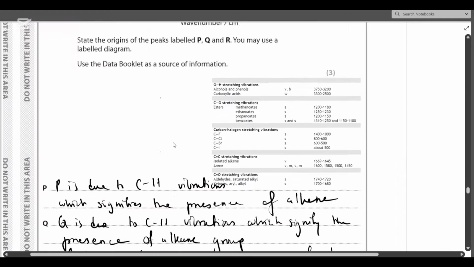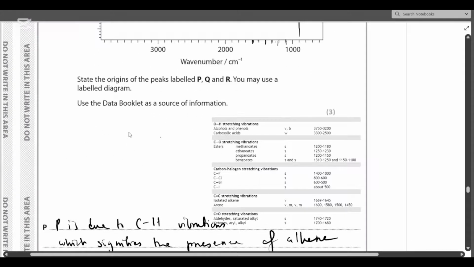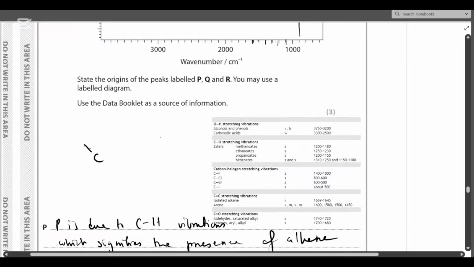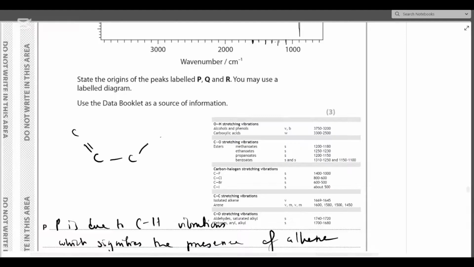So since our analysis is complete, we can just write the compound along with the peak values. At first, let's draw the structure, something like this, as stated in the above part of the question. H, and then you have a methyl group attached, and there's an H right here.